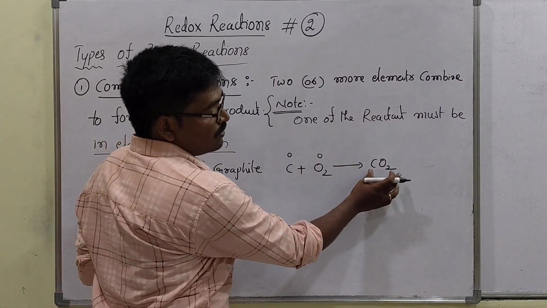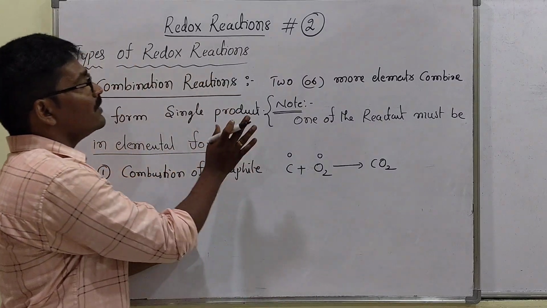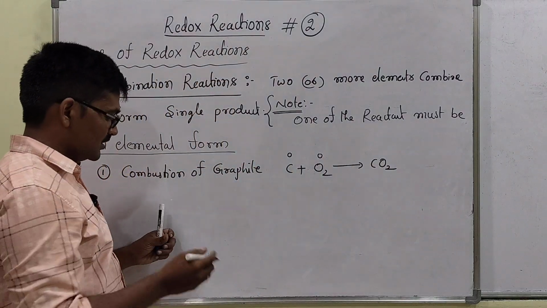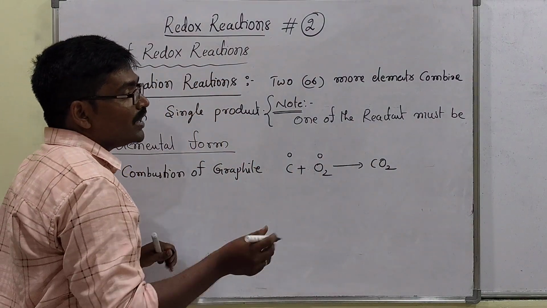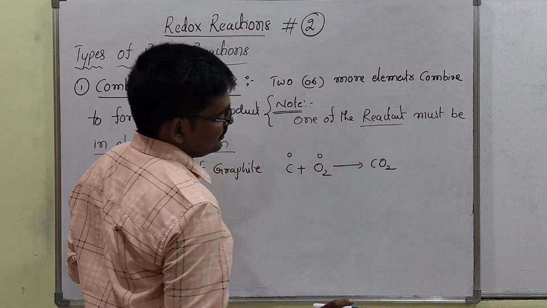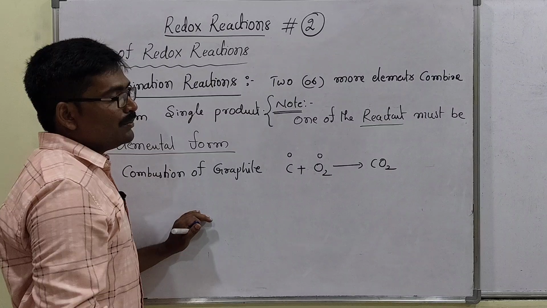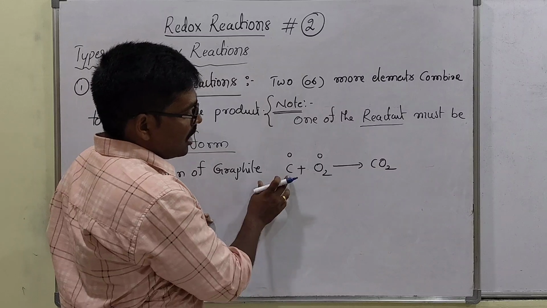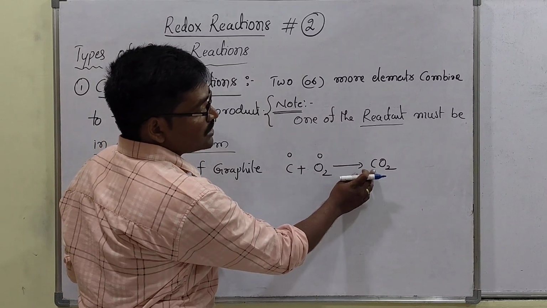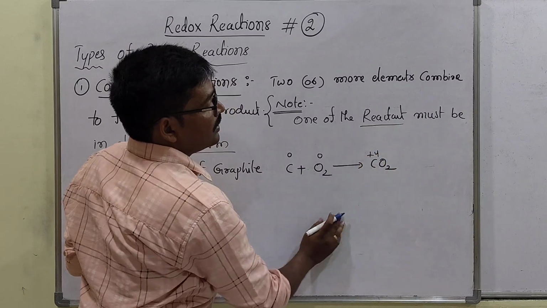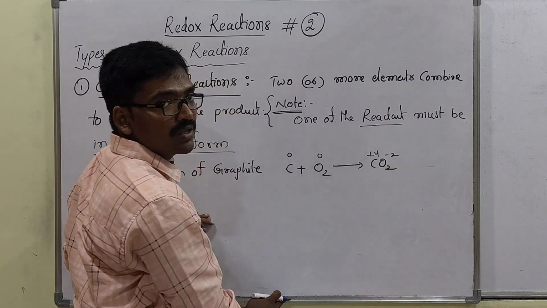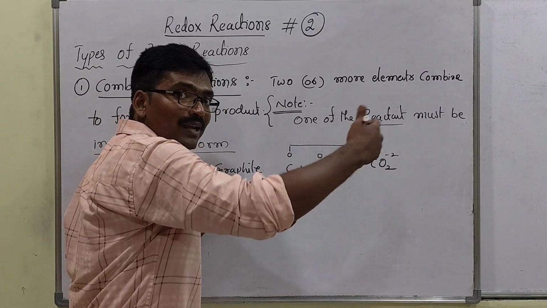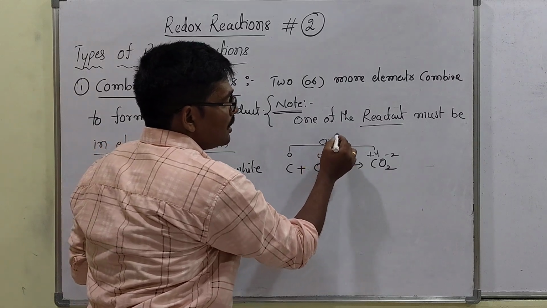Then if you come to the compound, I told that according to the definition, two or more elements combine to form a single product, right? Then second note, at least one of the reactants is present in the elemental form. Carbon goes from 0 to +4, oxygen is -2. Carbon 0 to +4, oxidation number increases, so oxidation happens.